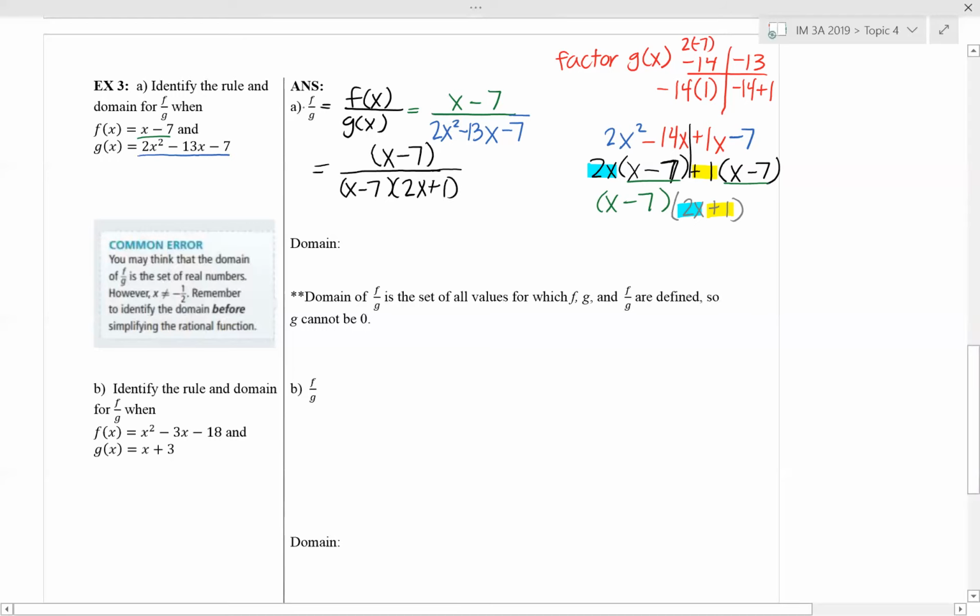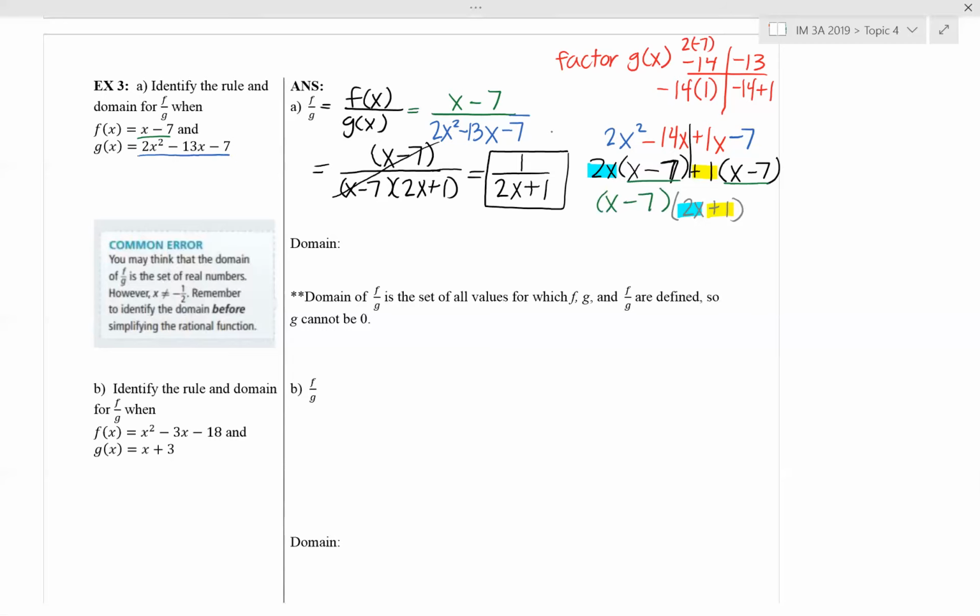So the x minus 7 reduces, which means that we are left with 1 over 2x plus 1 as our answer. Okay, so the simplified version of f over g is 1 over 2x plus 1.